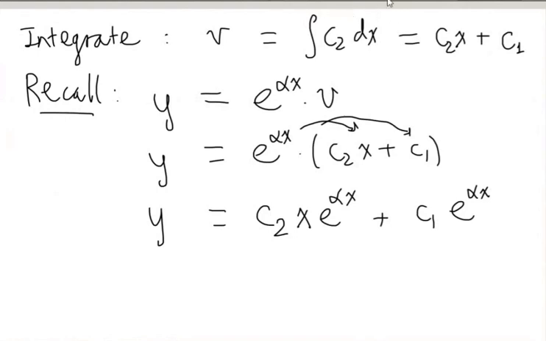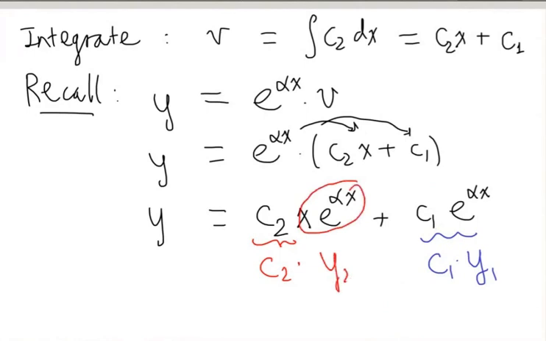What do we notice here? We have the format c1 times e to the alpha x. E to the alpha x is y1. And then we have c2 times something here. So naturally, this should be y2.